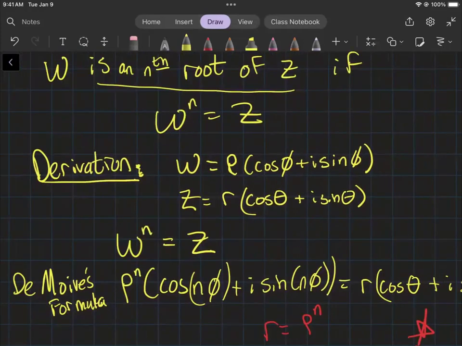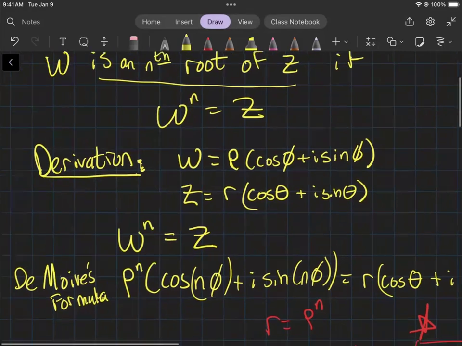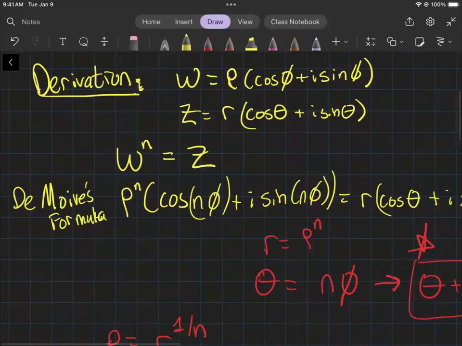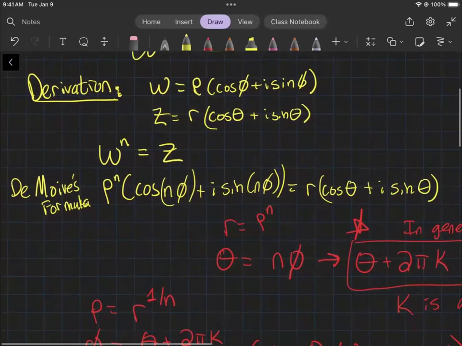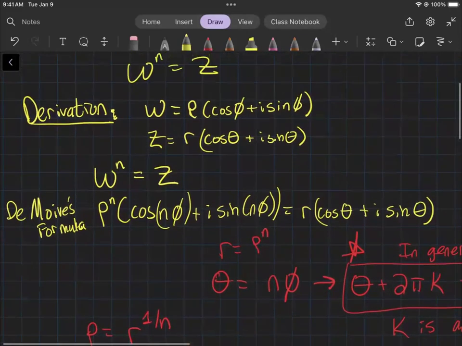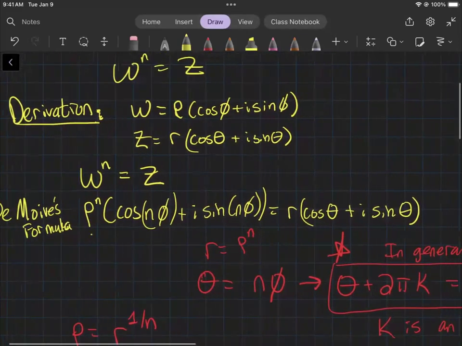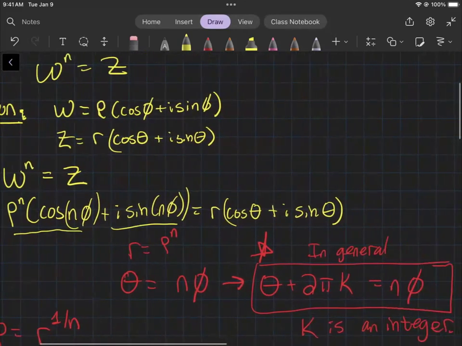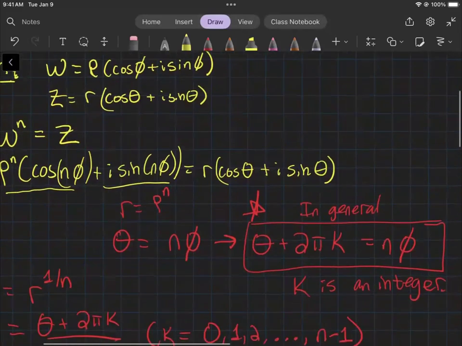If we let W equal rho times cosine phi plus i times sine phi, and Z equal r times cosine theta plus i sine theta, then W to the n equals Z implies this relationship by De Moivre's formula: rho to the n times cosine of n phi plus i times sine of n phi is equal to r times cosine theta plus i times sine theta.